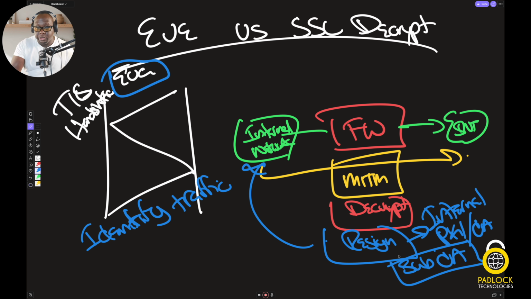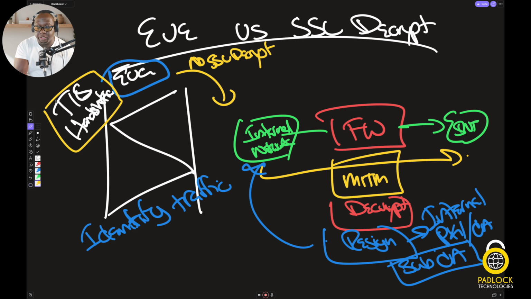Now, the difference between the two, pros and cons. With Eve, the main pro, I guess you would say, is no SSL decryption needed. It's going to try its best to guess what that application is based on the TLS handshake.